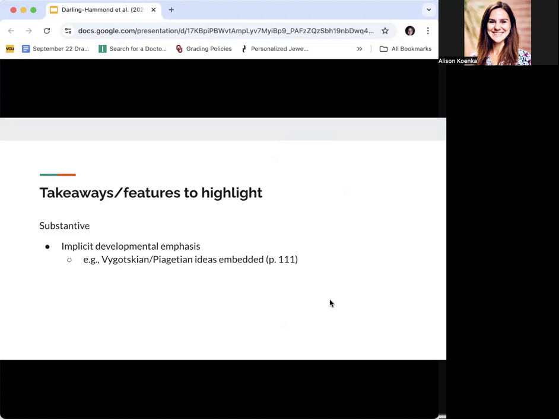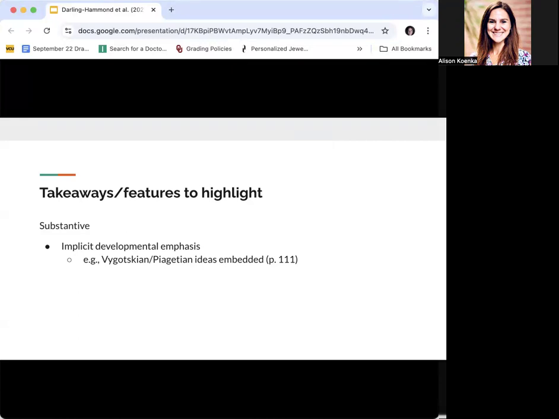And one pretty strong example is on page 111, if you want to take a look back at that, where from a Vygotskian perspective, they identify the ZPD, or in other words, the zone of proximal development, and the crucial role of scaffolding within that ZPD. And that's a very Vygotskian idea, and an idea that has really persisted in its impact into recent and current education practice.